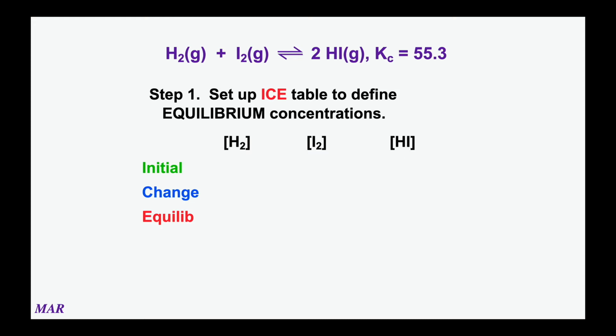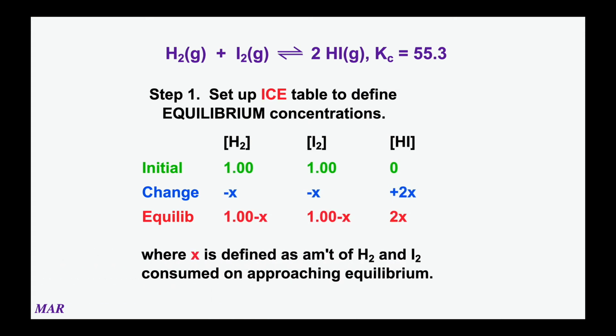Now, initially in this reaction, we have 1 mole per liter of H2 and 1 mole per liter of I2, and we don't have any HI. H2 and I2 are going to go down by some amount, and let's call it x. And x is how much not only the H2 decreases, but the I2 as well. H2 and I2 both have a stoichiometry of 1.